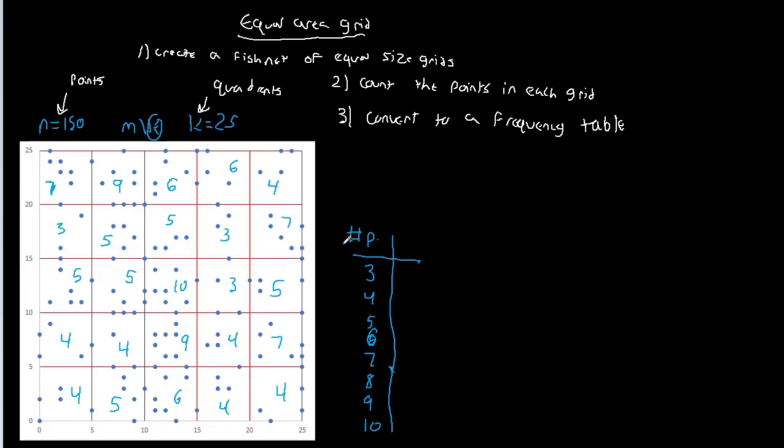And what we're going to do is count up the number of quadrats. So this is the number of points, and this is the number of quadrats containing those points.